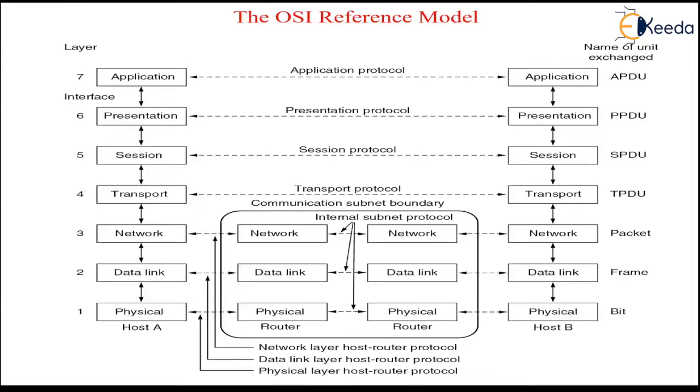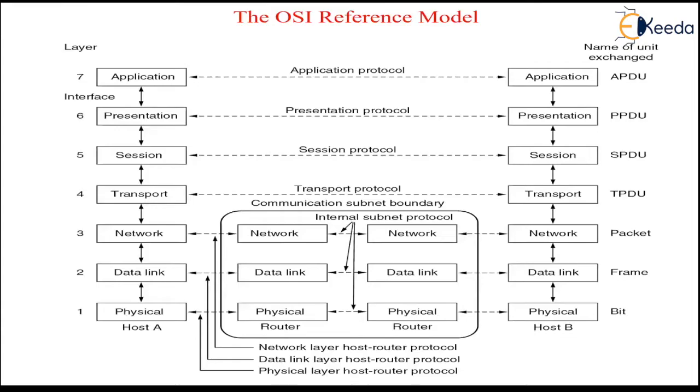The processes, that is the running programs in two systems, are usually exchanging information in the form of character strings, numbers, and so on. The information must be changed to bit streams before being transmitted. Different computers use different encoding systems.